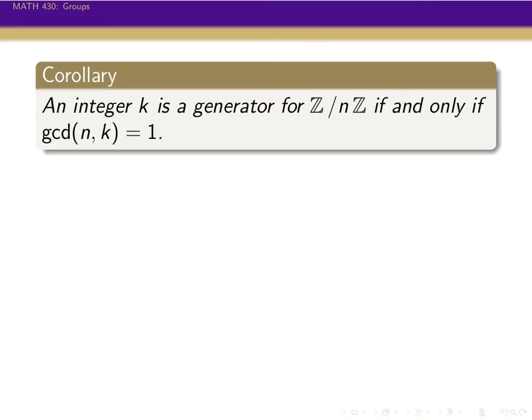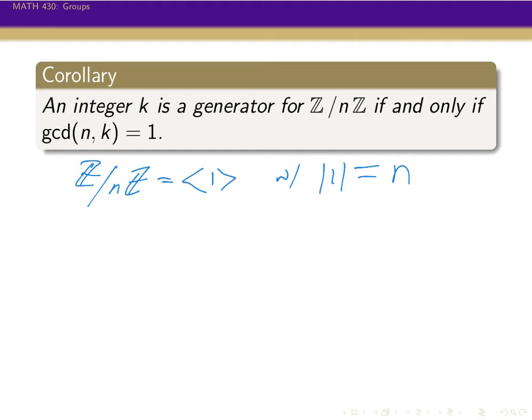Now, if we apply this specifically to the integers mod n, recall that we can think about this as a cyclic group generated by 1, where, since we're doing this with addition, the order of 1 is equal to n. We can add 1 to itself n times, and that's when we get back to the identity.